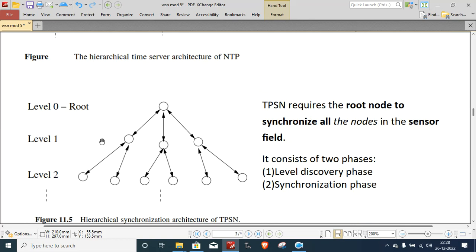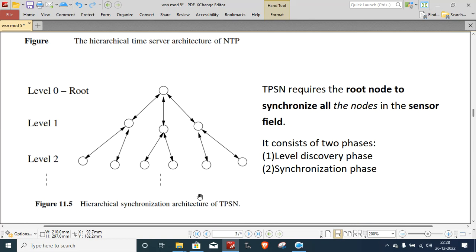In a similar way, we have TPSN. Only thing is we won't be having UTC, but we'll be having a root node at level 0, then level 1 and level 2. TPSN requires the root node to synchronize all the nodes in the sensor field, and this consists of two phases.